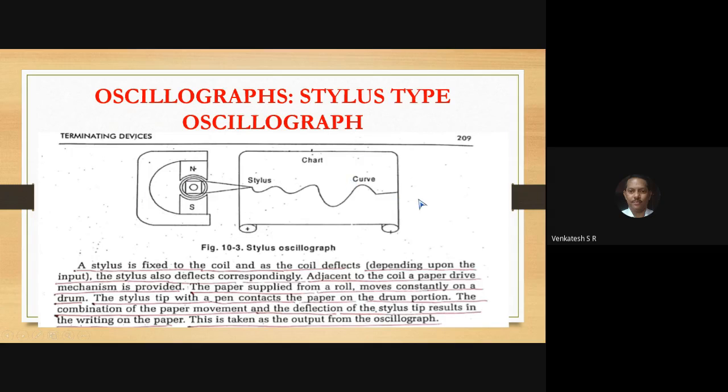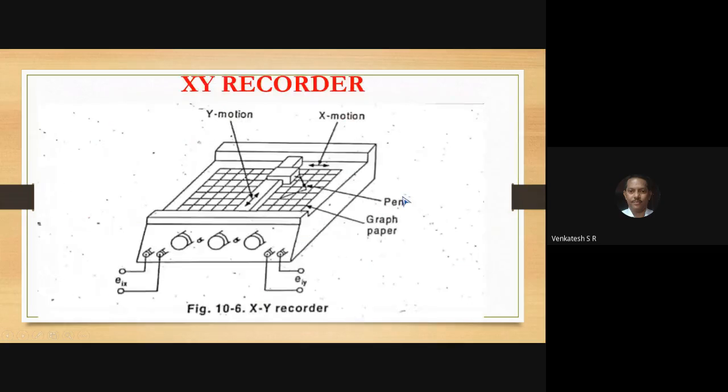Next, come to the point. Nowadays, they are using the stylus type or mirror type, but previously they were using the XY recorder for the measurement of heartbeats or measurement of vibration of the earth. That is nothing but earthquake. Those things can be measured using the XY recorder. So these are all terminating devices.